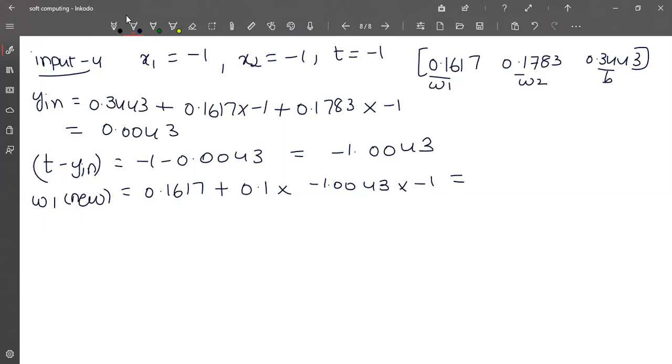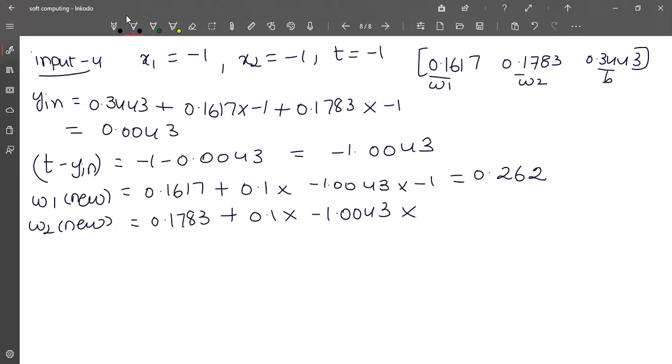So 0.262. And new W2: old W2 0.1783 plus 0.1 into minus 1.0043 into x2 which is minus 1.